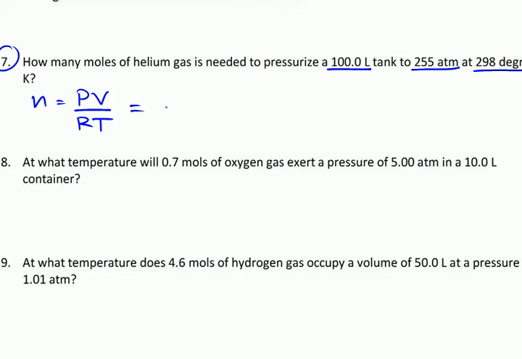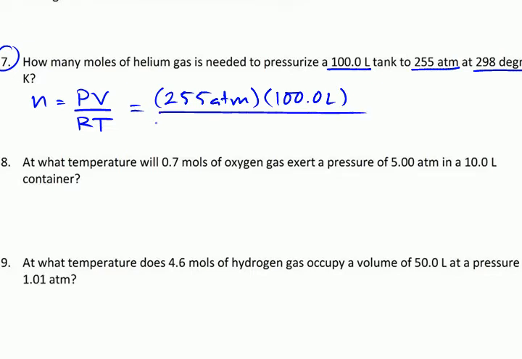So what's our pressure? In this case, it's going to be 100 liters. What's our volume? Oh, I'm sorry, our pressure is not in liters. Liters is volume. Our pressure is 255 atmospheres. Our volume is going to be 100 liters. R is a constant.